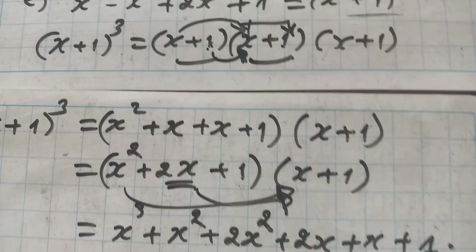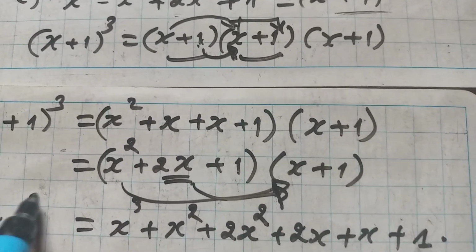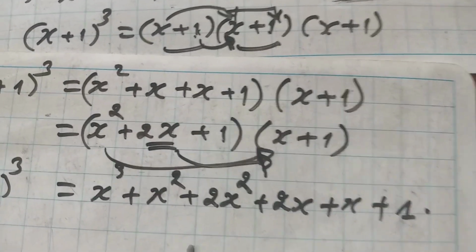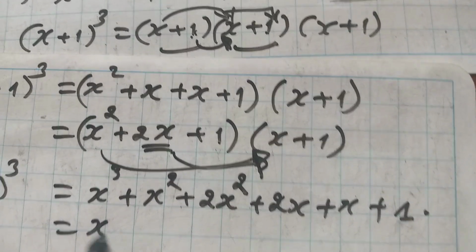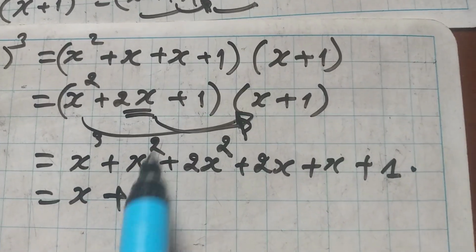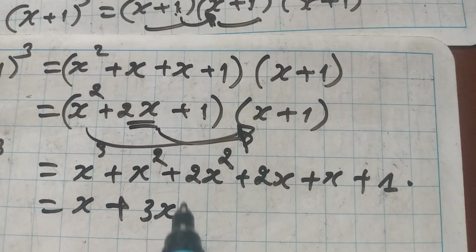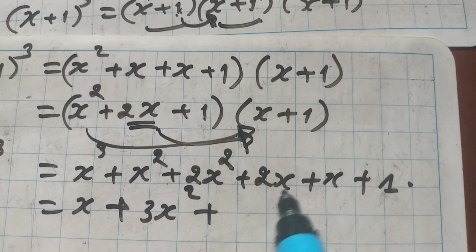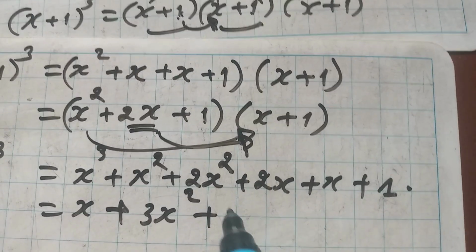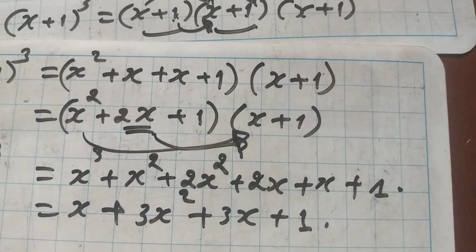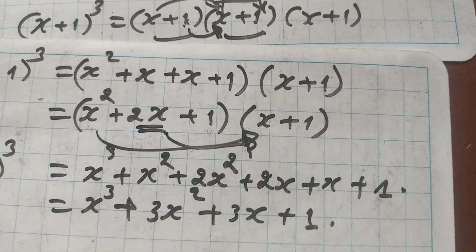Now, let us collect like terms. We have x squared plus 2x squared is equal to 3x squared. Then here we have plus 2x plus x will be 3x plus 1. This is x power 3, right?